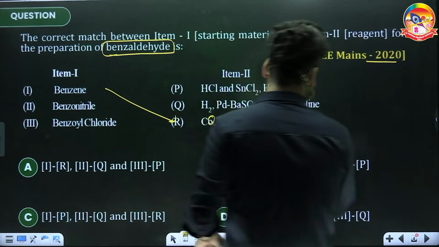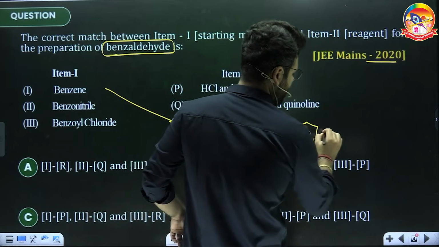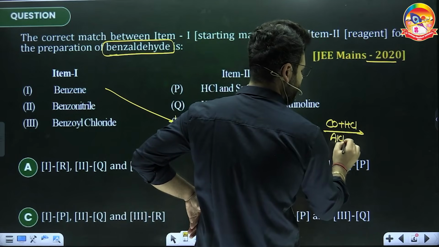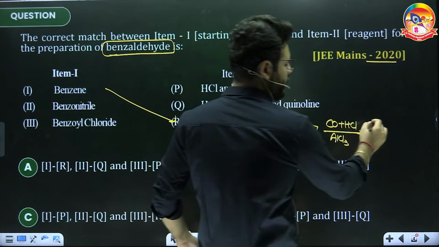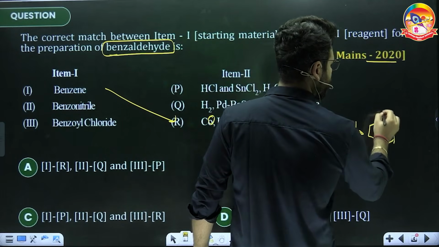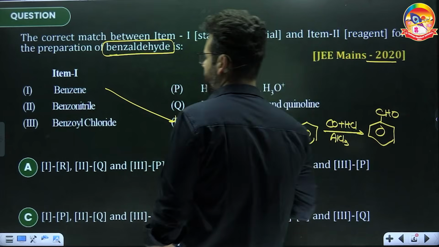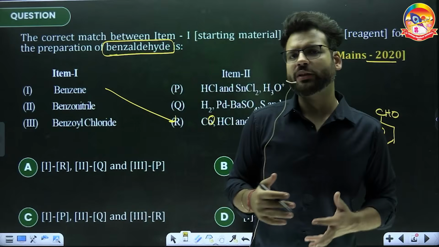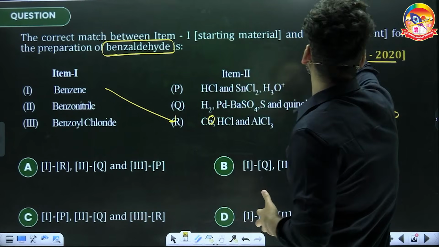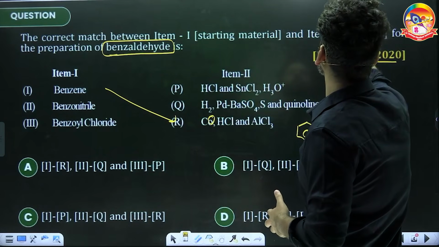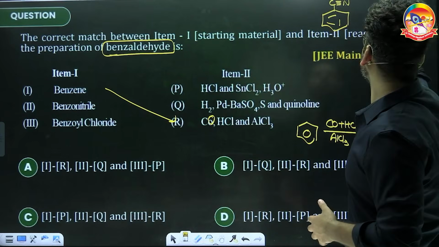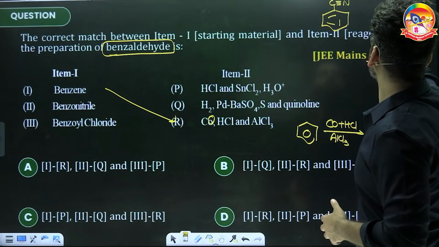So when we take benzene and react it with CO plus HCl in the presence of AlCl3 and CuCl2, we get benzaldehyde. So this is the correct match. Benzonitrile: preparation of benzaldehyde from benzonitrile means benzene attached to C triple bond N. From here, if I want to go to CHO, I have two options.